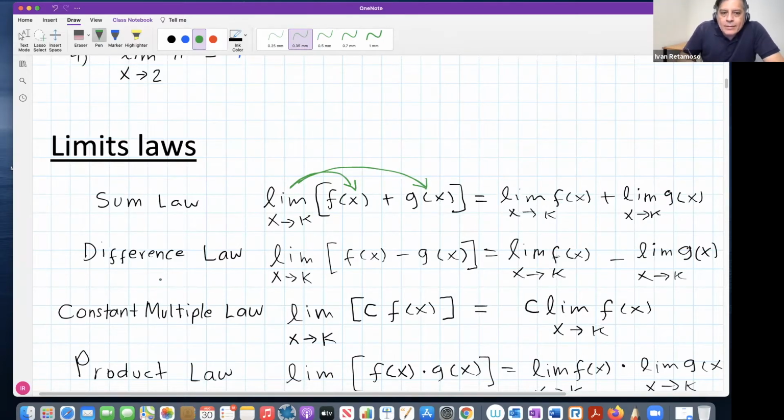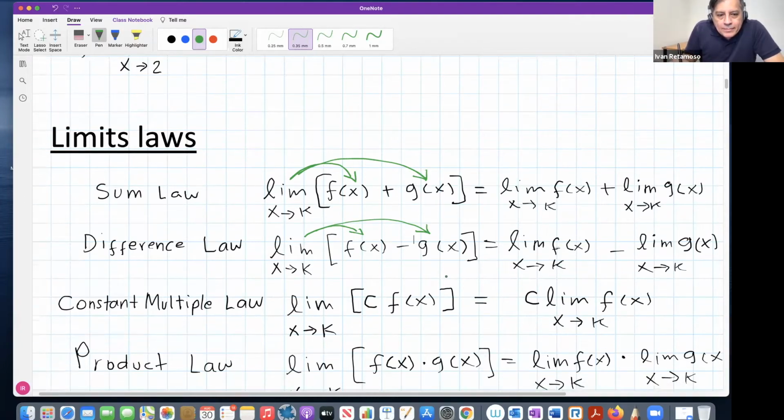Great. Also, mathematicians discovered that limits behave very nicely over differences. In what sense? Well, you can also distribute the limit over the difference of two functions. The limit of f of x minus g of x is equal to the limit of f of x minus the limit of g of x, right? Very natural formulas for limits.